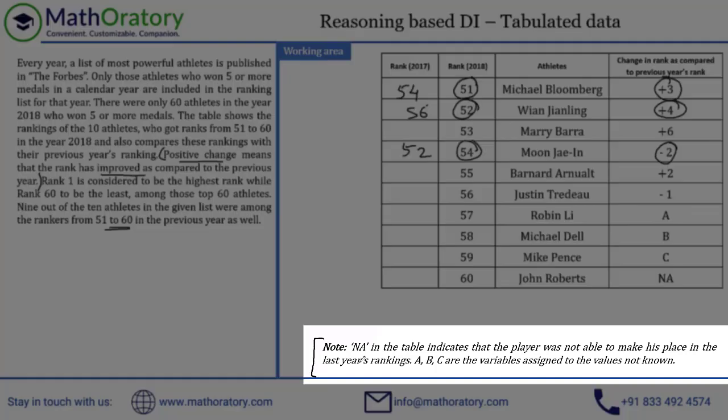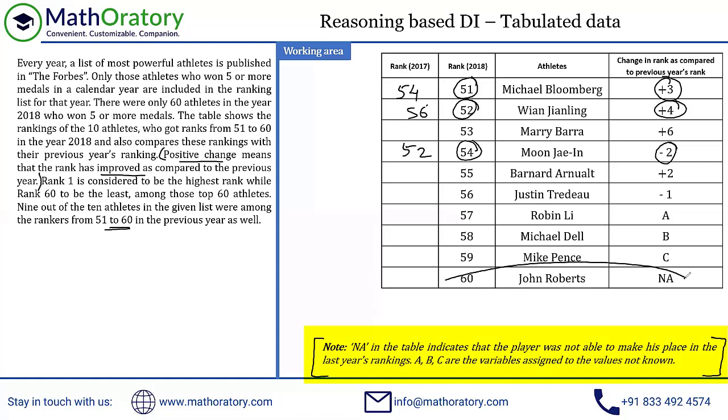And even in this note, if you observe, this is what it mentions. So just observe the last row. There is this NA. So NA in the table indicates that the player was not able to make his place in the last year's ranking. So this John Roberts does not belong to this 1 to 60 range, right? So this person does not have an eligible rank. And this ABC, this is the part which is unknown to us.